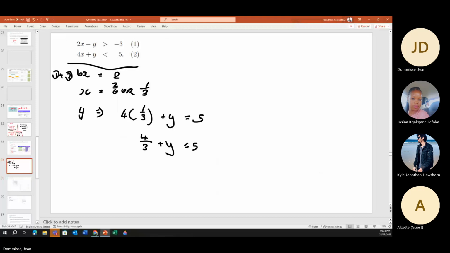So that will go over to that side, so y then is equal to 3 and 2/3. Okay, so this was not a great example, but basically, if you needed to solve it, that is how it would look.